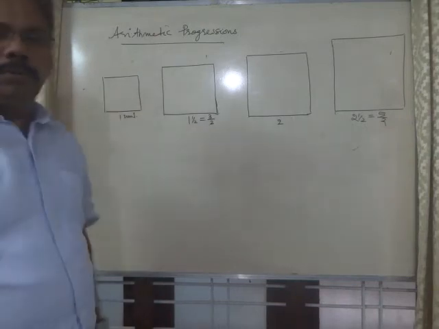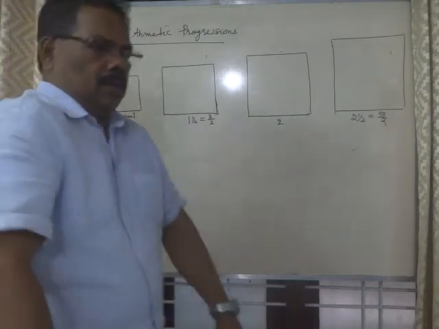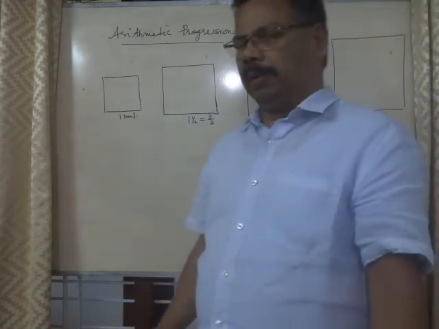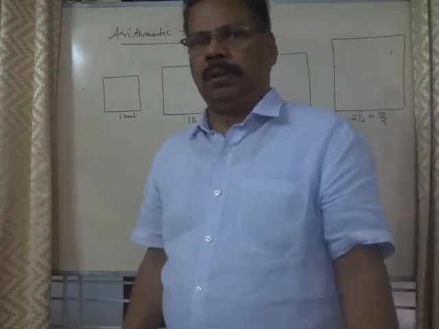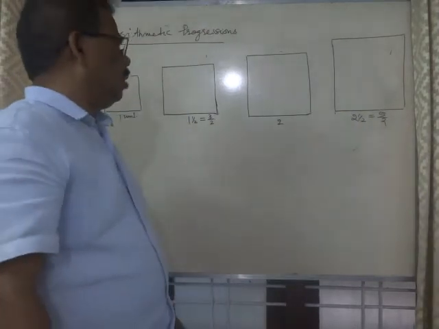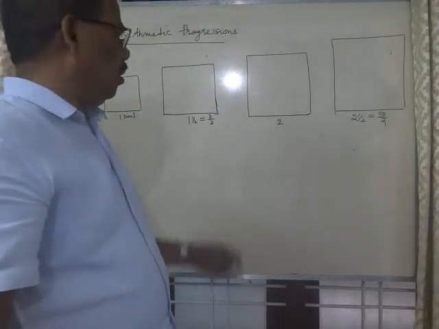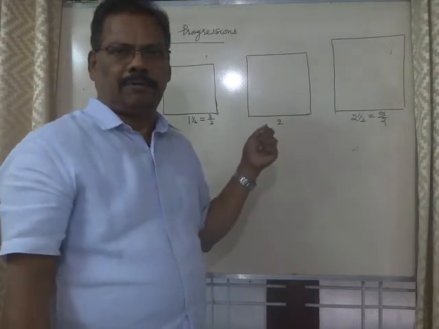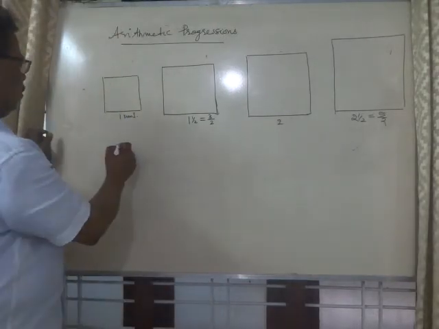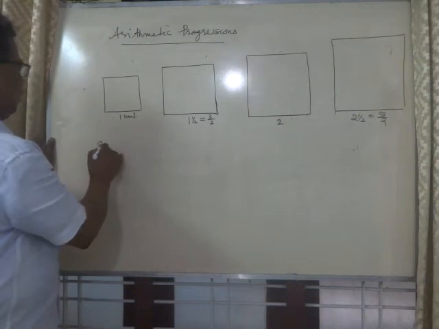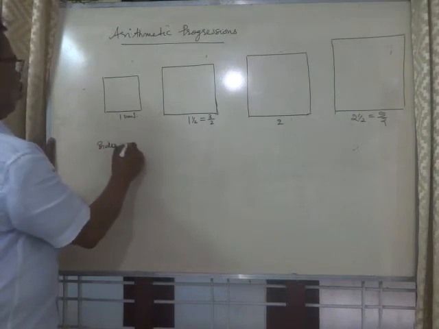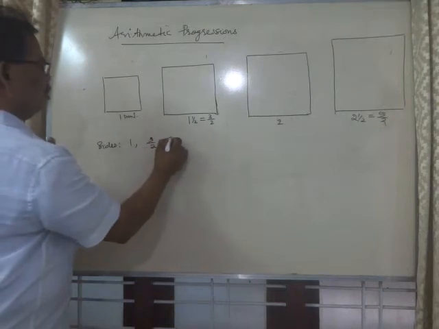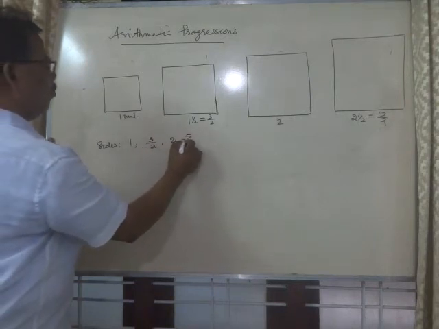We are going to examine whether any other measurements will be in arithmetic progression. See, sides 1, 3 by 2, 2, 5 by 2.